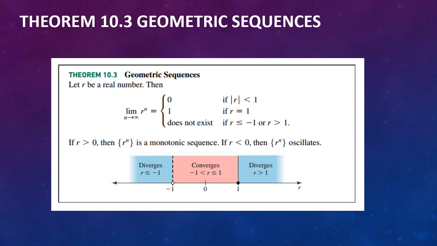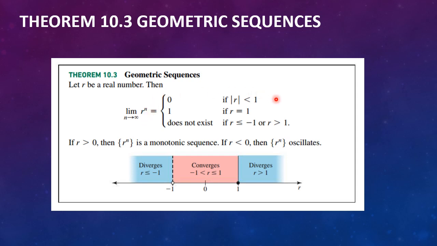So I think this is a great graphic from your text. This is Theorem 10.3 about geometric sequences, and it really summarizes it in a really easy way to remember. This is a summary of what we just did in the last slide. So for geometric sequences, r is any real number, and we take the limit of r to the power of n.